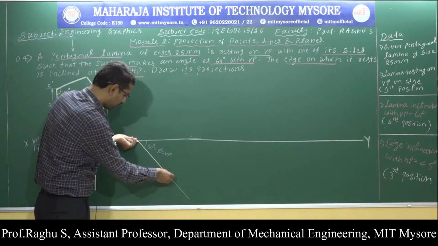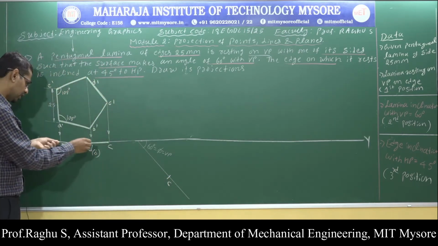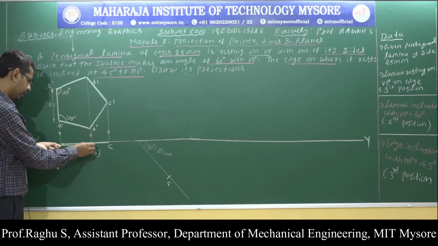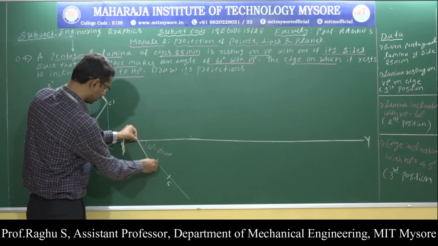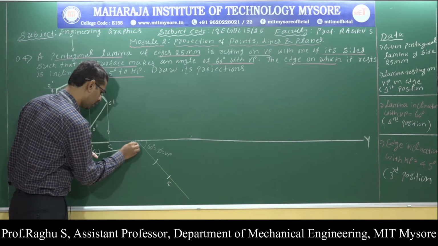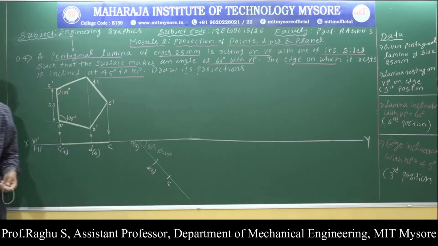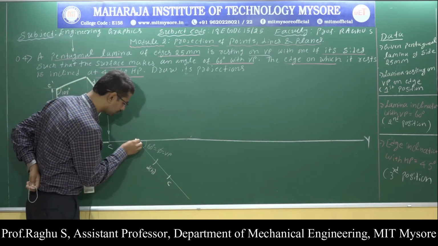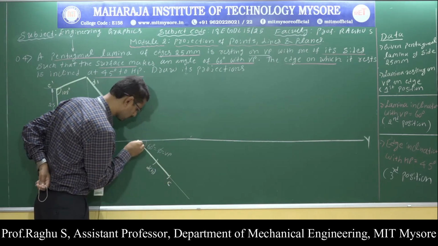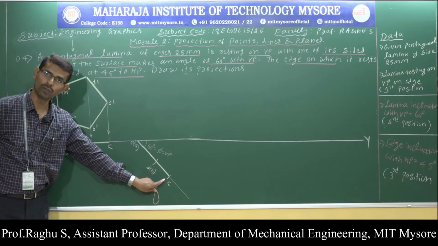From this point, cut an arc to get point C. Next, measure this distance from E to D. From this point, cut an arc to get point D. And here, this is point E comma A, this one D comma B, and this one point C. So here make it dark. Up to point C, make it dark since it is the view.